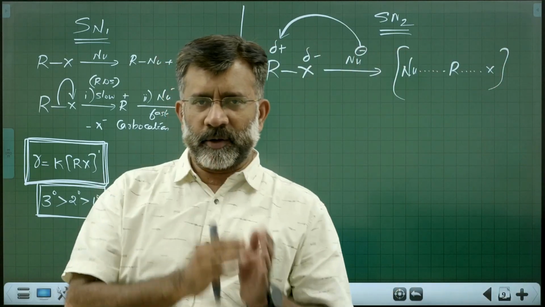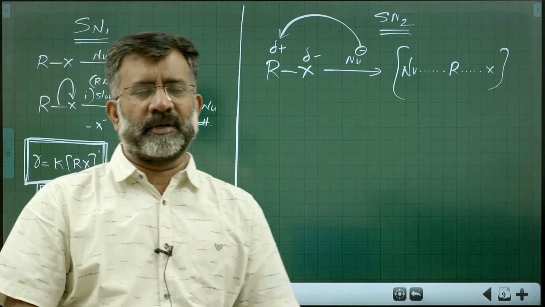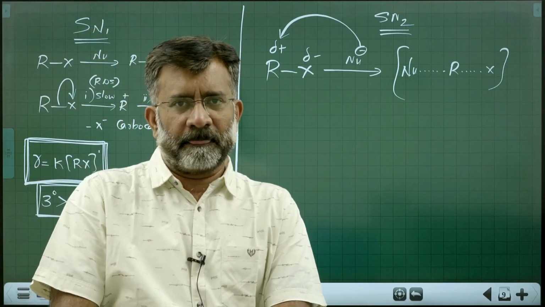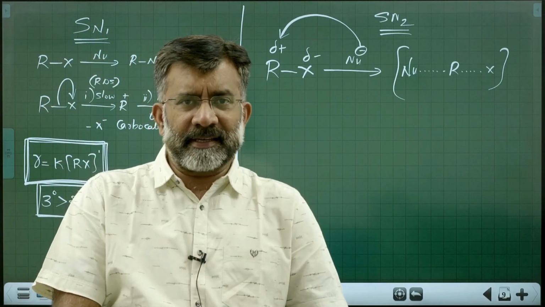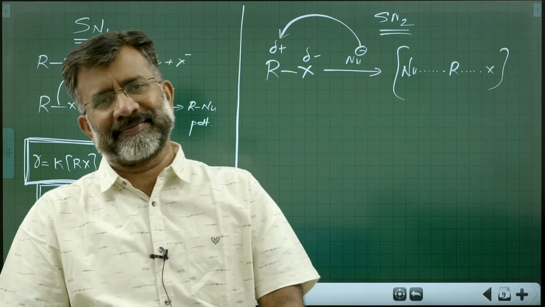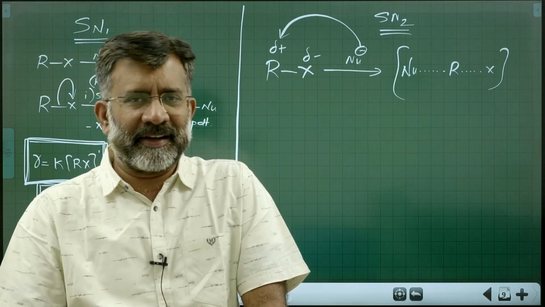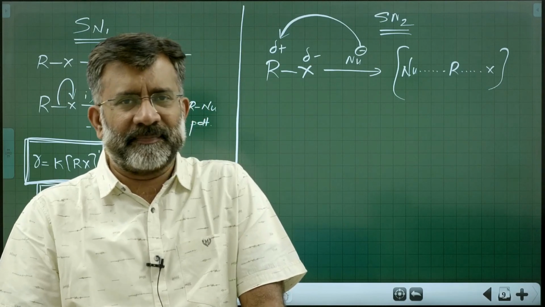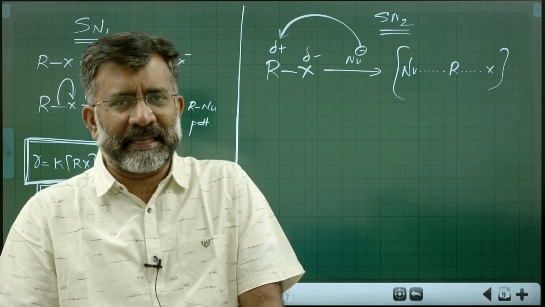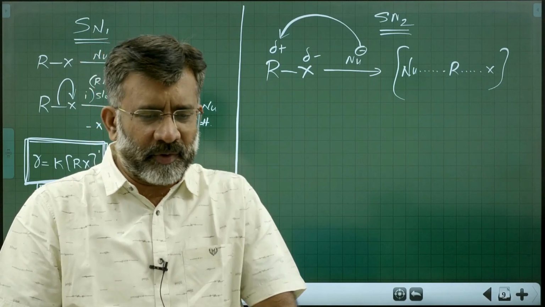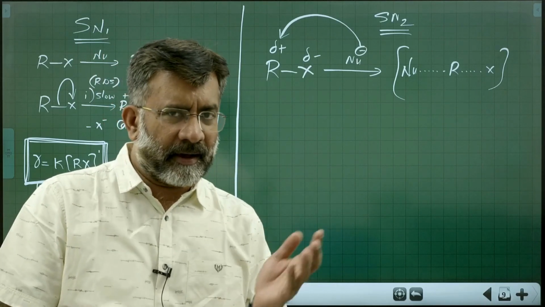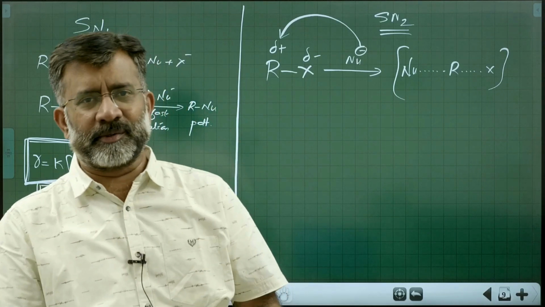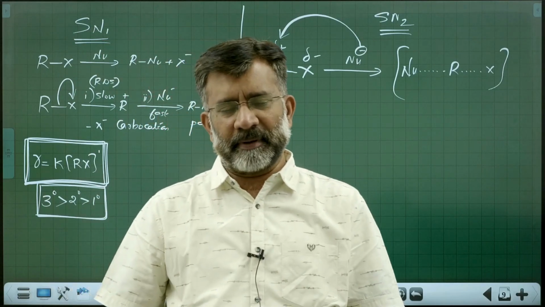The carbon halogen bond, the alkyl group and halogen bond, starts breaking, and simultaneously the nucleophile attacks. Imagine the nucleophile is a strong nucleophile. It may go for SN2 mechanism, because the nucleophile attacks the alkyl center before the halogen is leaving. So it is happening simultaneously.